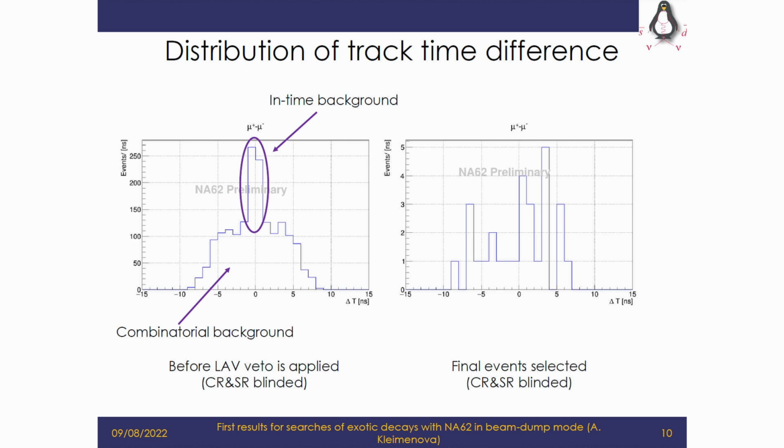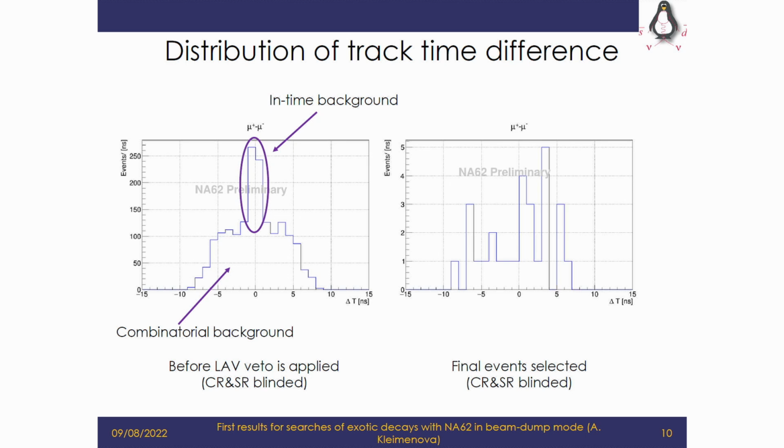The in-time background is due to interactions in these LAV detectors. When you apply the LAV veto, you end up with something like this, which is a pretty nice result, given that here I don't show the control and signal regions.